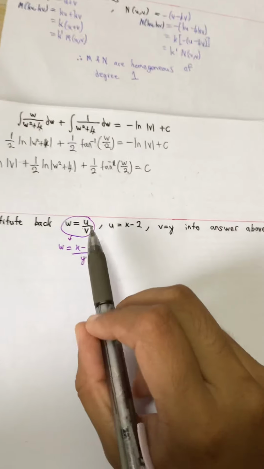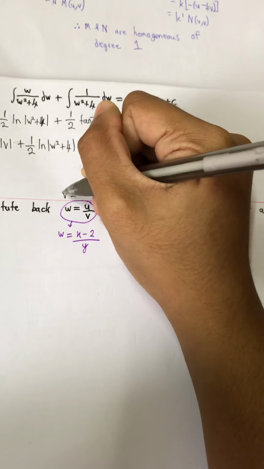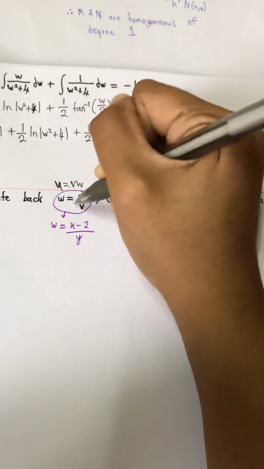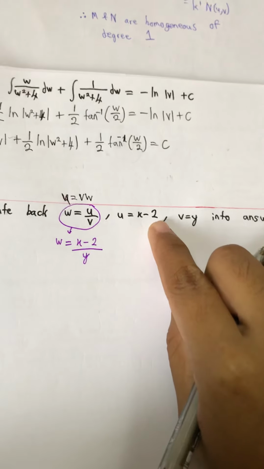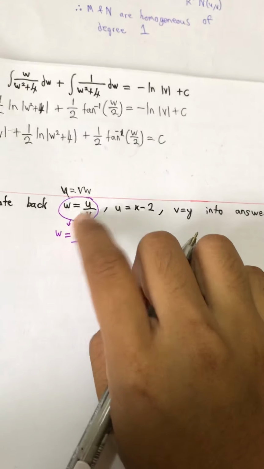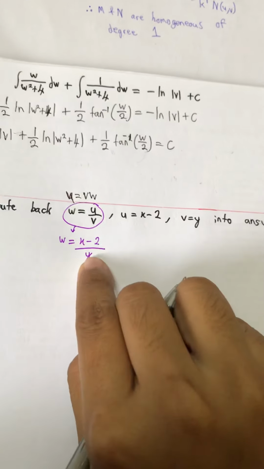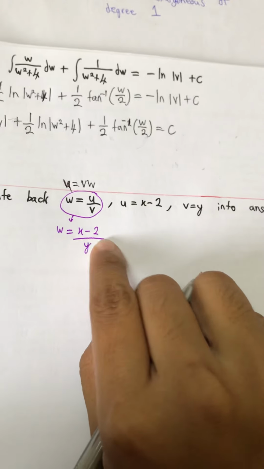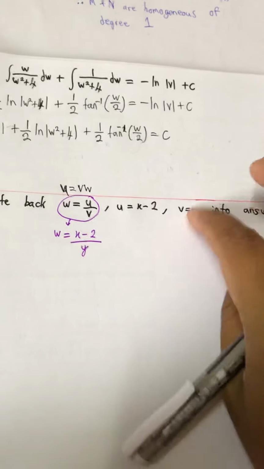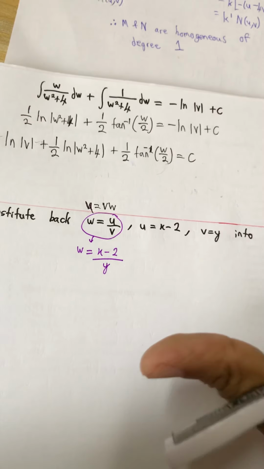So here we substitute back w. From u equals vw, our w becomes u over v, and then u is x minus 2 and v equals y. So actually w is equal to x minus 2 over y. So we substitute back into the answer to get the final answer in the form of x and y only.